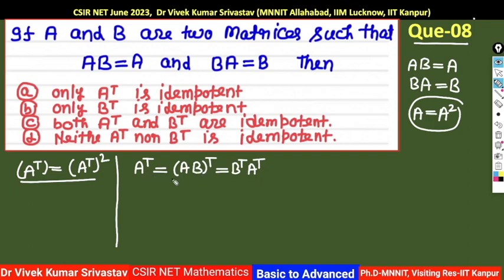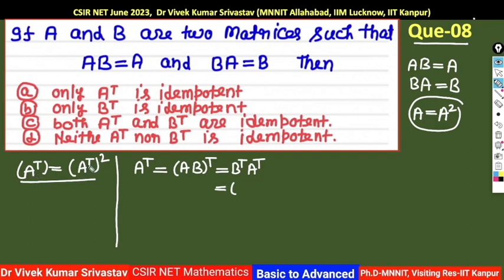Now we have already put the value of A here, right, and try to understand what our objective is. We have to convert ultimately in terms of A transpose, right, A transpose equal. So it is better here to replace this B by something. B is given as BA. Why am I putting this B? Because we want A transpose equal to A transpose square.